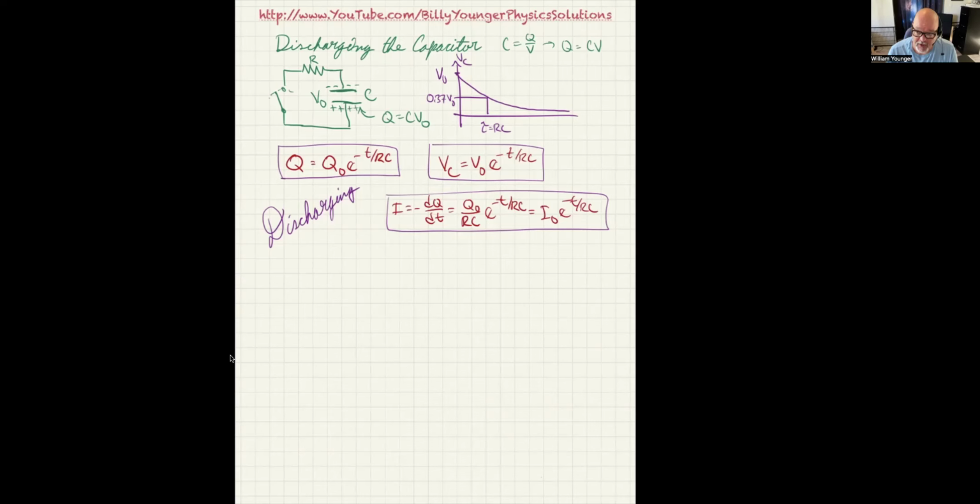We are skipping the section on electric health hazards, though you should read it and know that stuff. I'm just not going to test you on it. And we are going to do creating a voltmeter or an ammeter out of a galvanometer. So I'll show you some of those examples as well. But that's it for now.